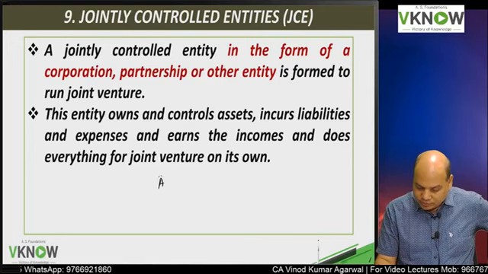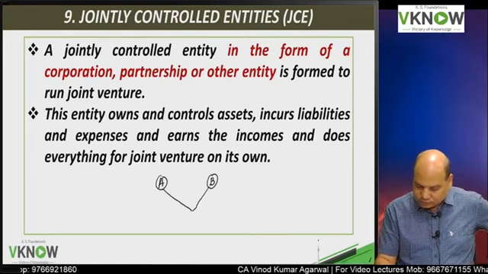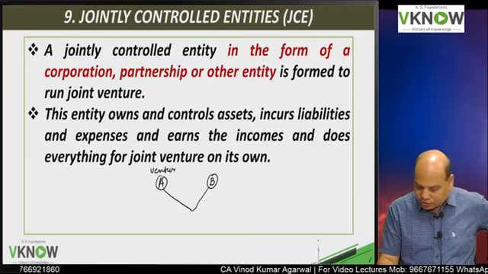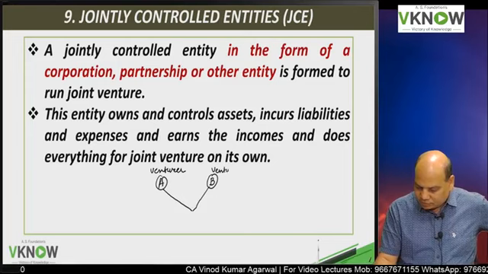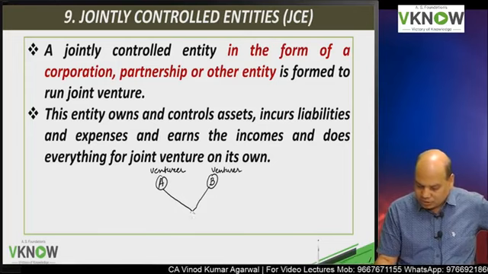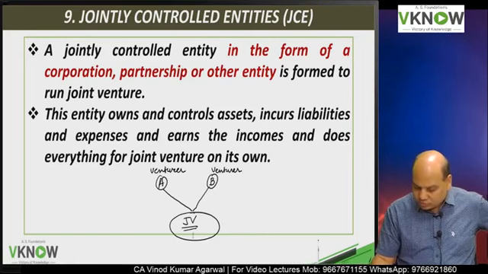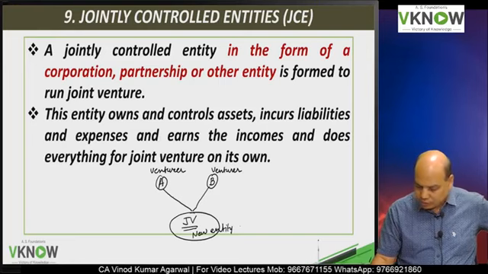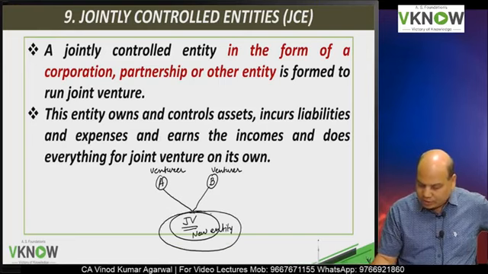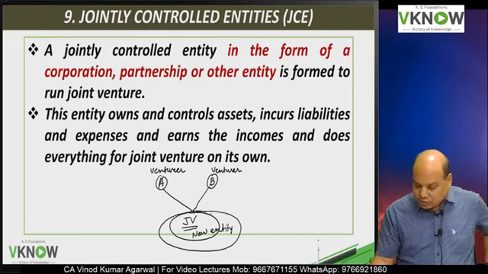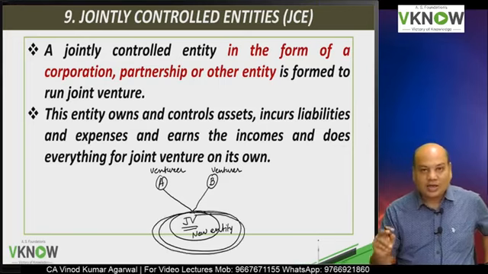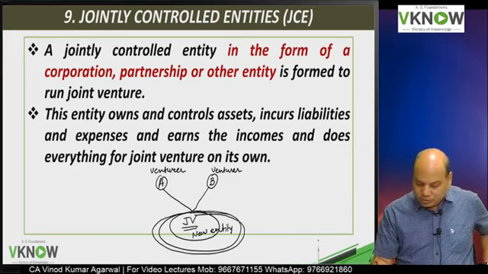It means here two venturers, let us say venturer A, venturer B, they form a joint venture. A new entity is formed, a new separate legal entity is created. This will be running as an independent company.